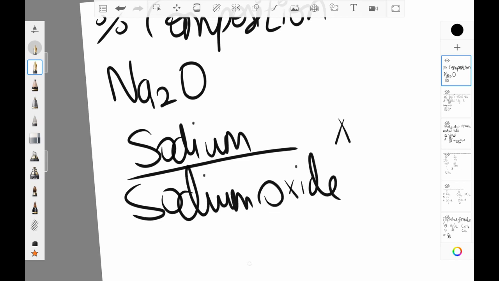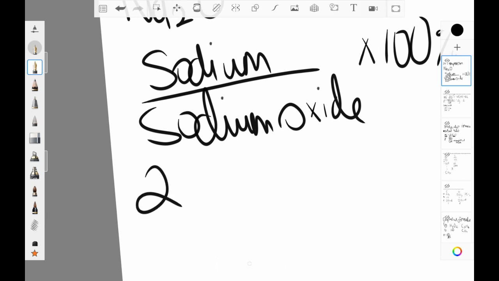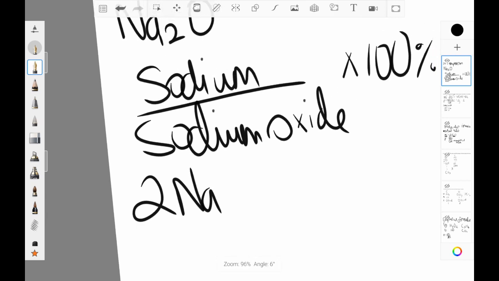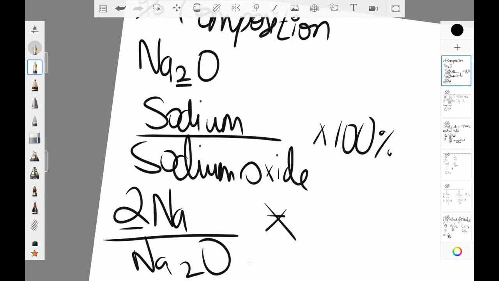times 100%. If you were to put this as chemical symbols, it would be 2Na. Notice the 2, right? Because in the original formula, 2 sodium atoms combined with 1 oxygen atom to form sodium oxide, basically. So 2Na over Na2O times 100%.